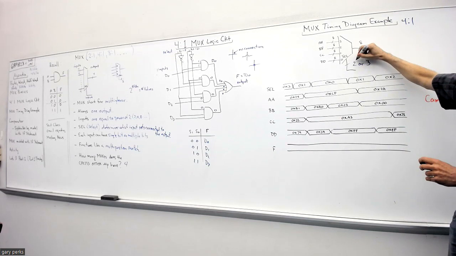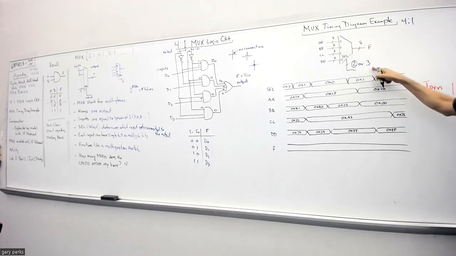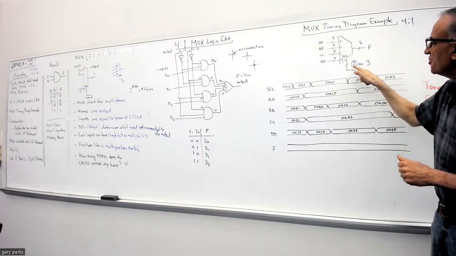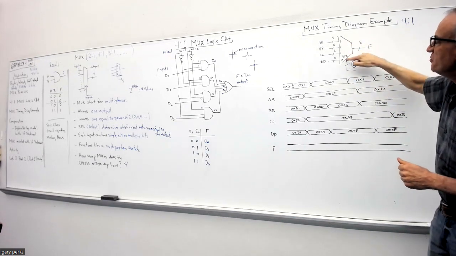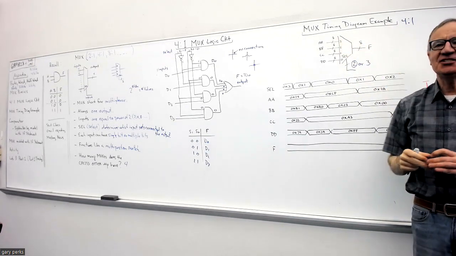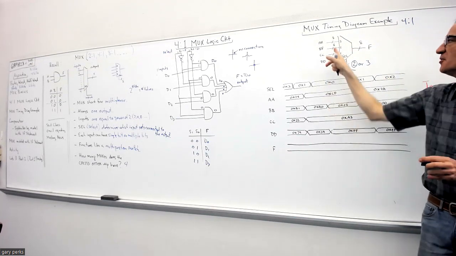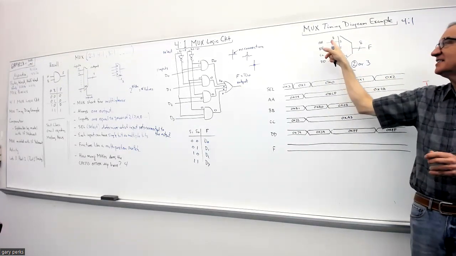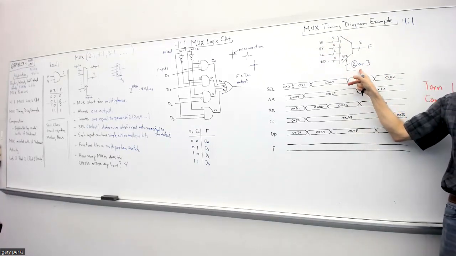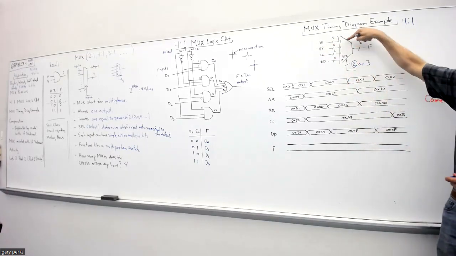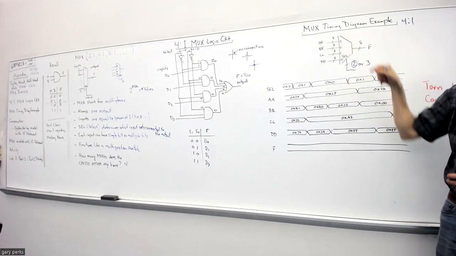Okay, the answer here is 2. But 3 is a common mistake, and it's an understandable error, but it's still an error. What determines the number of bits for the select input is the number of inputs, not the number of bits that each input has. I can understand why someone might say 3, because they see this 8 and think 2 to the 3. But that's not what determines the select bits. The select bits are determined by how many inputs you have.